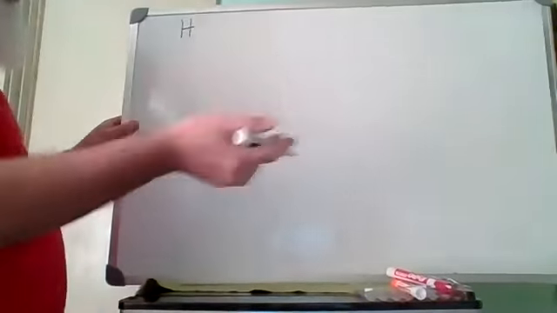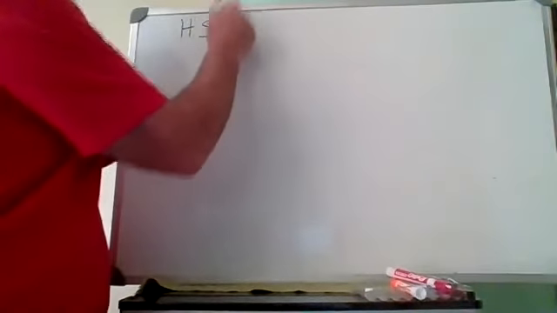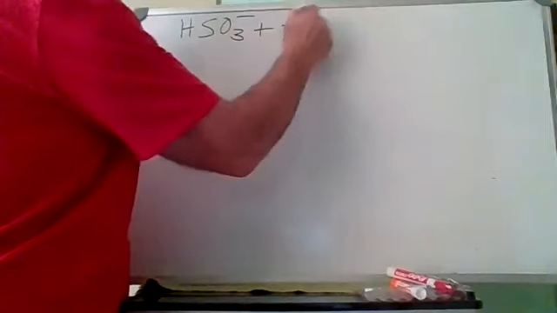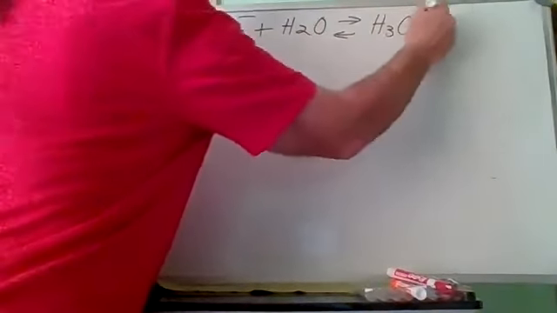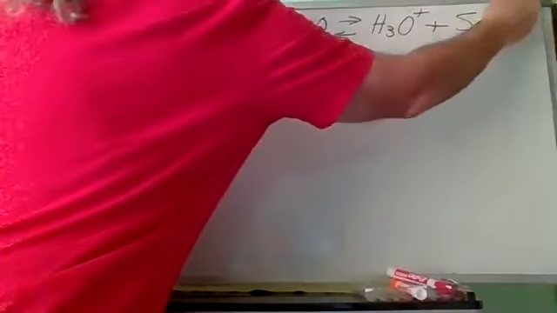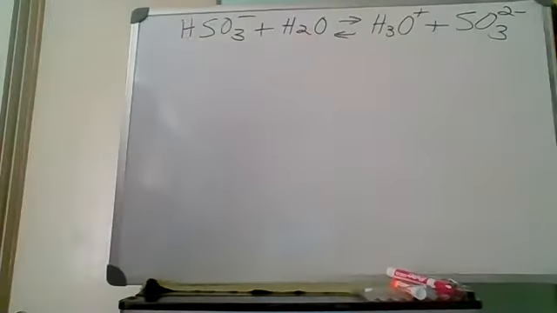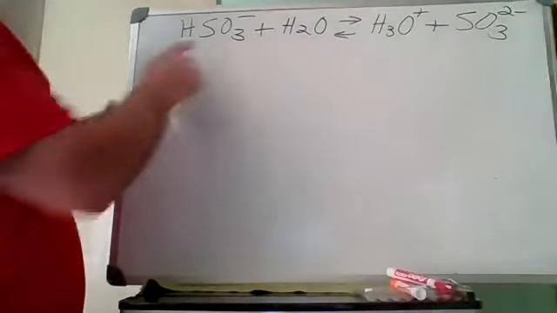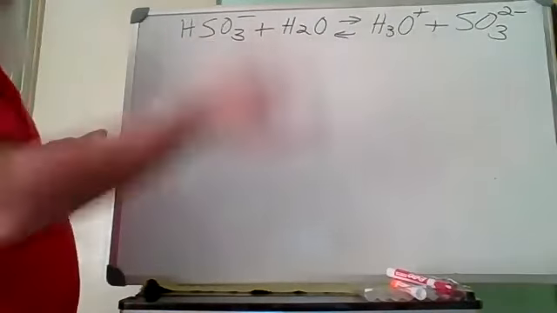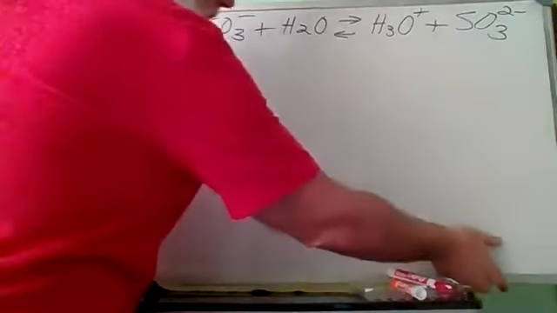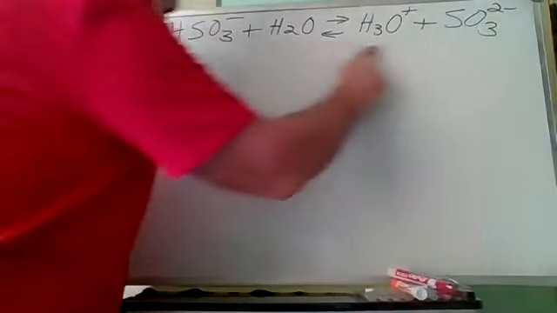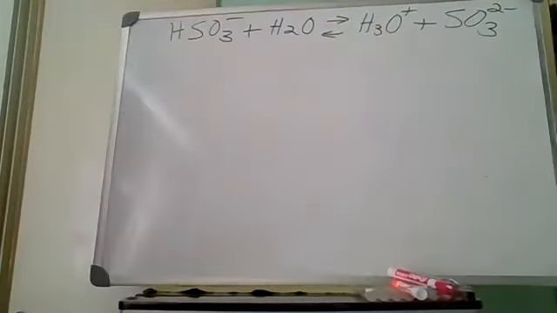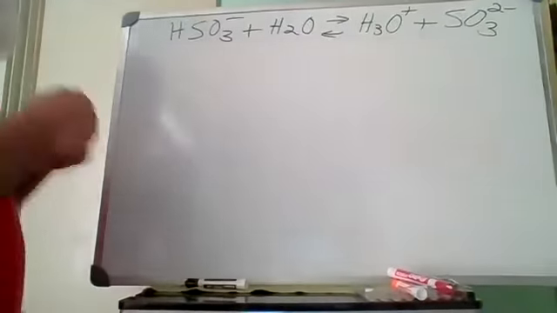And so this is going to be for Ka2, plus H2O gives us H3O plus and SO3 2 minus. Now remember, this was the conjugate base from Ka1, but it has a second proton, so it also can undergo dissociation, an acid dissociation reaction. We have to set up another ice table.